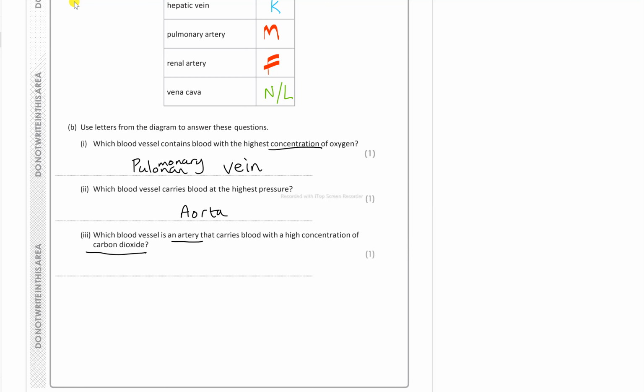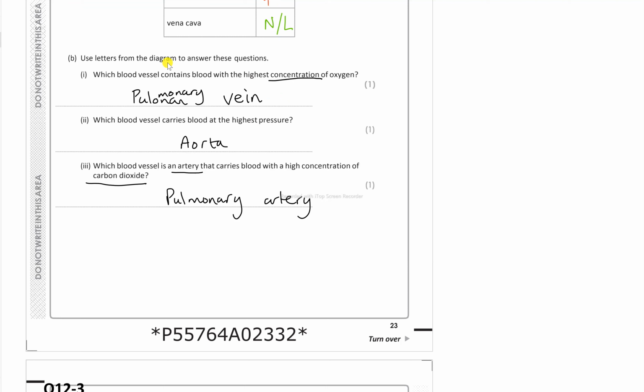Right, it's an artery with CO2, so it will be a pulmonary artery. So they want the letters B, C, and M. Okay, that works out fair enough.